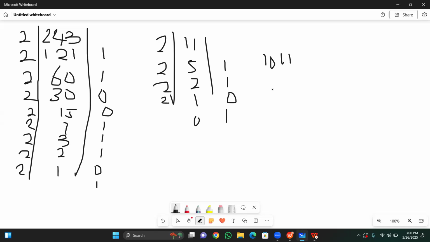This is correct. So we say 1 times 2 raised to power 0. I think it's in the positional value that I made that mistake. It's supposed to be 0. I'm going to correct it. I hope I'm not getting you confused. We have positions 0, 1, 2, 3.